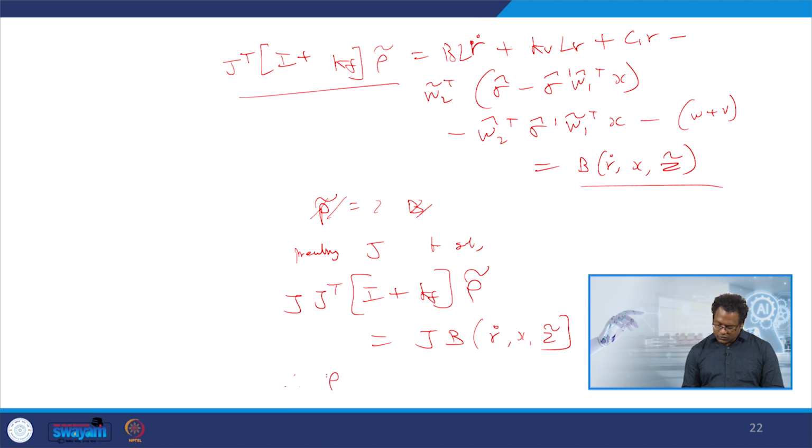Therefore, we can say that rho tilde equal to (I plus K_F) whole inverse multiplied by (J J transpose) whole inverse into J multiplied by B of r dot, X, Z tilde.